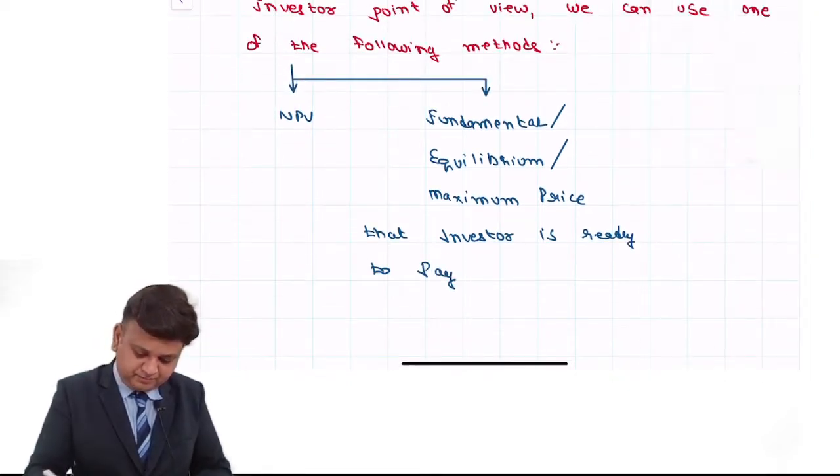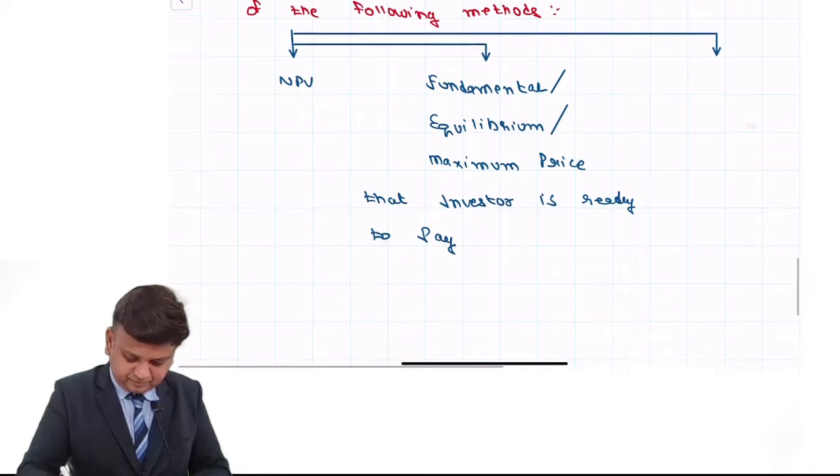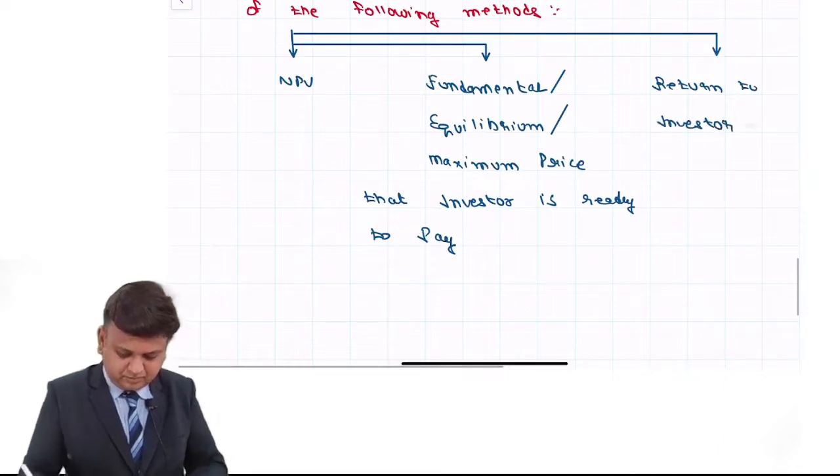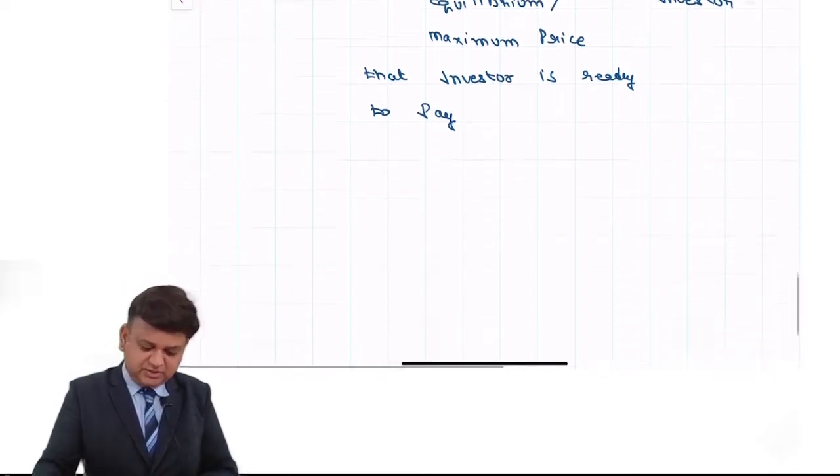Third, return to investor. So these are the three methods by which you can take the decision.